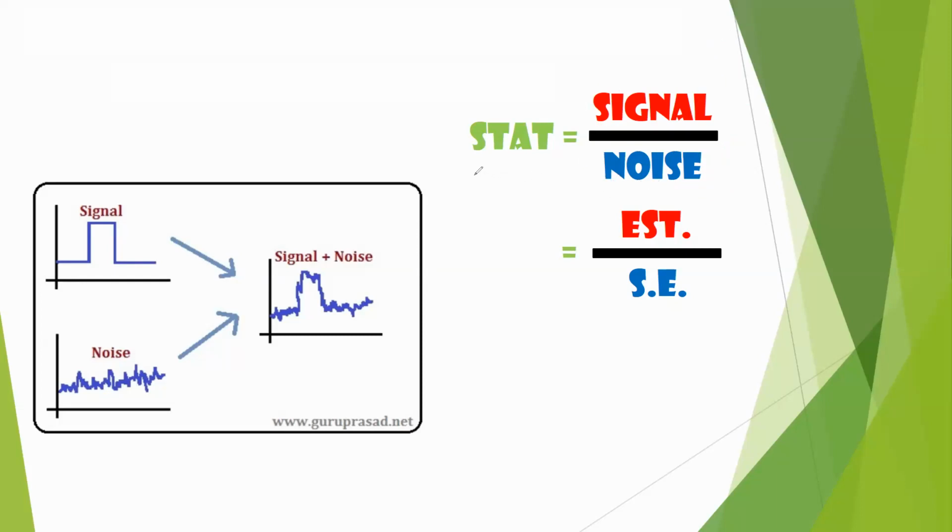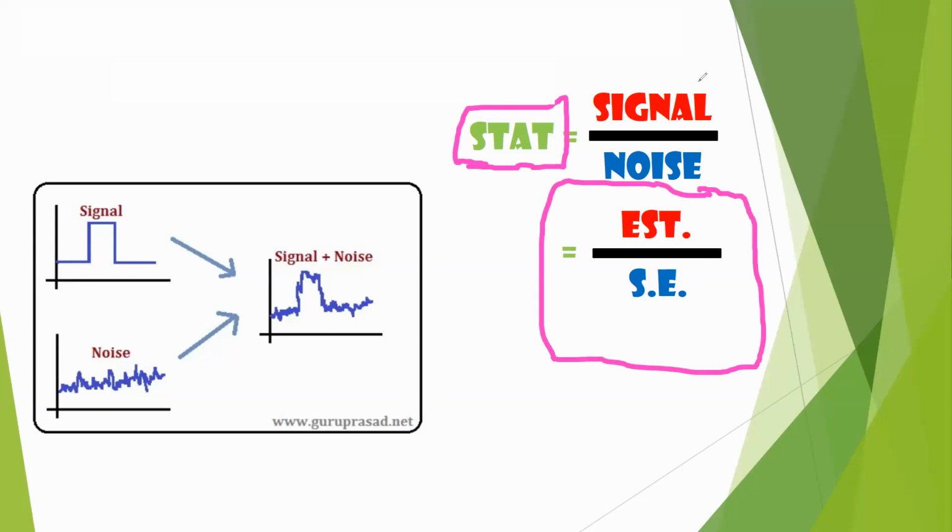In statistics, we use the same concept actually. We define a statistic to help us identify the real signal, or real genotype-phenotype association in a GWAS. We use the same ratio, but here it is a little bit different, though very similar.